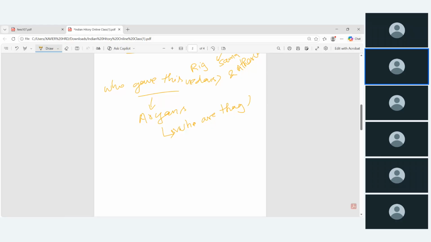The answer to these questions is given by 2 different theories: one is the Aryan invasion theory, another one is the Aryan migration theory. The migration theory is given by one of the European scholars, Max Muller. You might have heard this name, Max Muller.